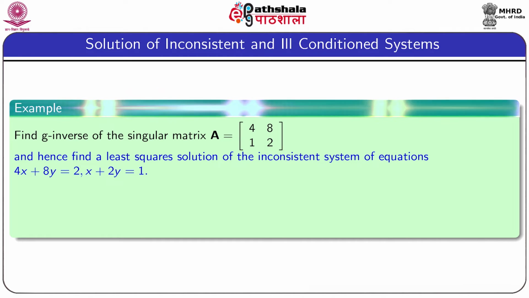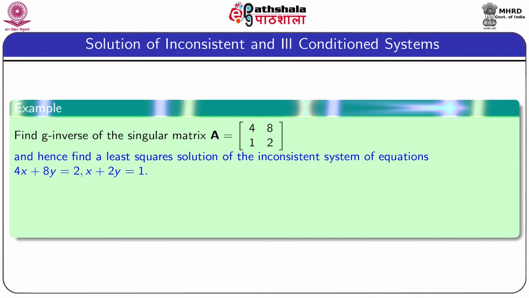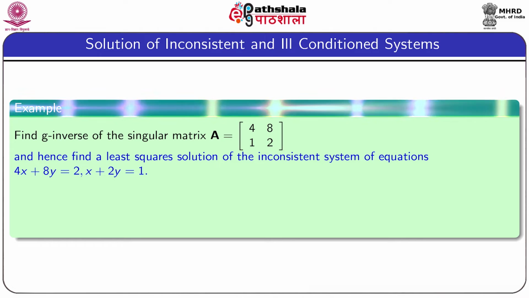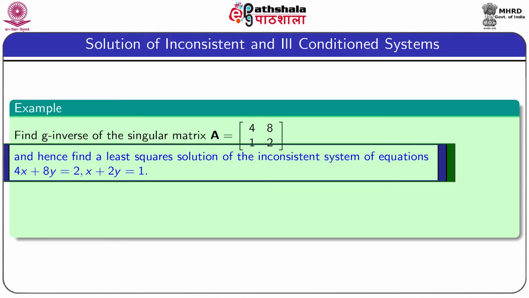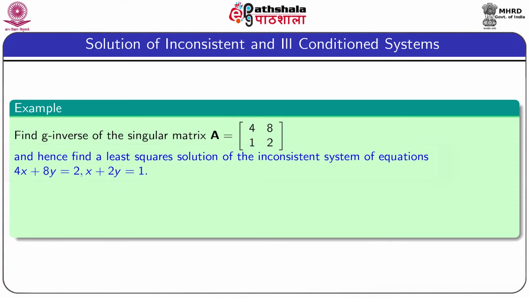inconsistent system of equations. Now let A be a matrix of order 2 by 2 whose first row is 4 8 and second row is 1 2. We have to determine the G inverse of this singular matrix A and hence find a least square solution of the inconsistent system of equations 4x plus 8y equal to 2 and x plus 2y equal to 1.